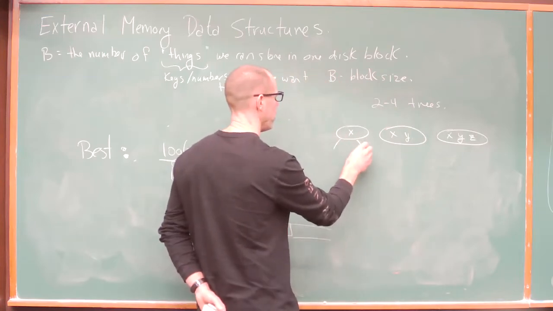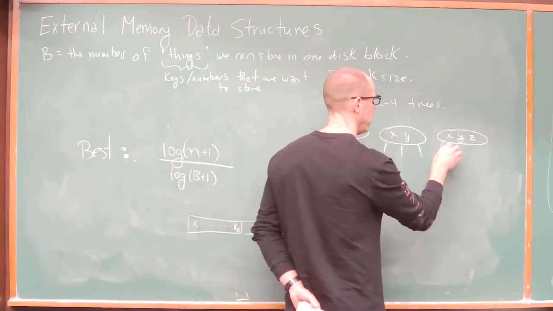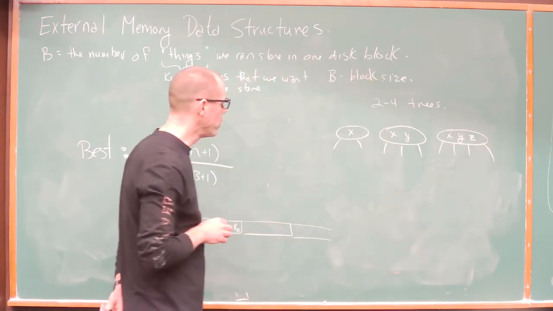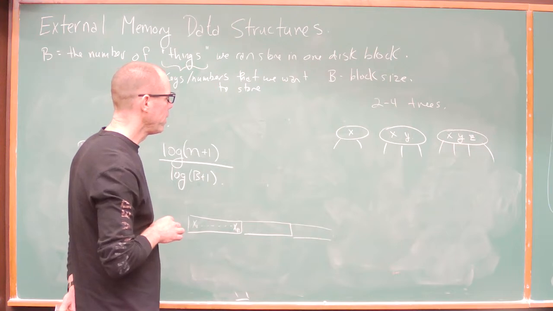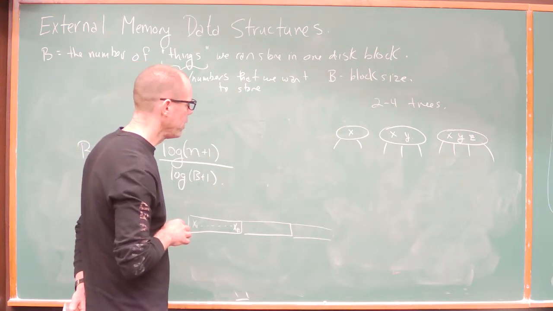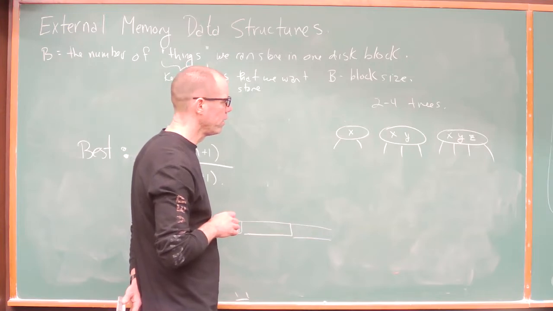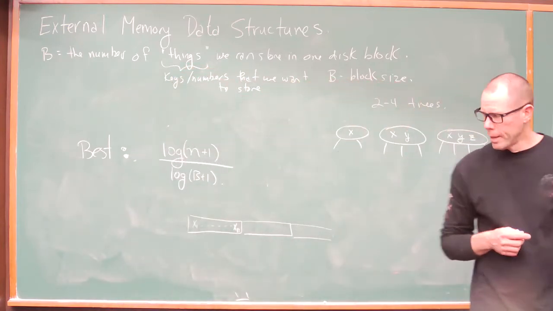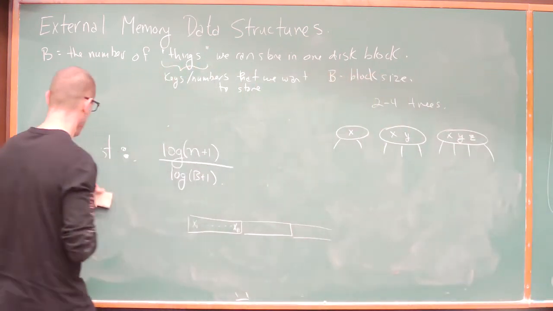If it has 1 value, it has 2 children. If it has 2 values, it has 3 children. And if it has 3 values, it has 4 children. And this is actually just a special case of a more general thing, which is also called a B tree.